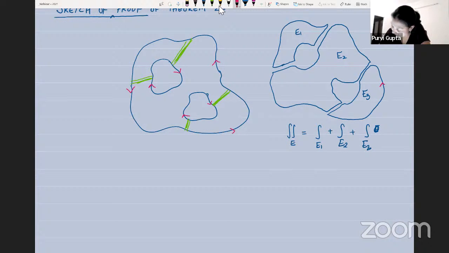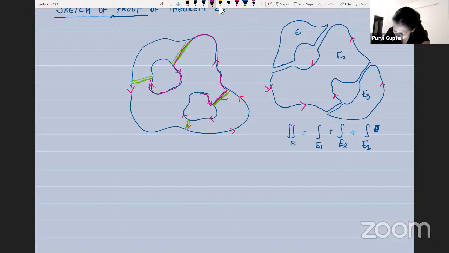So when I have these curves that I am breaking this region up into, then what is happening at the cut? When I try to give each piece an orientation, so if I go along this, I will have to give this an arrow like this, and then I go like this, and I go like this. But now if I try to give the other side an arrow, so let me take a pink line over here. If I take this piece and I try to give this the correct orientation, so what does that have to be?